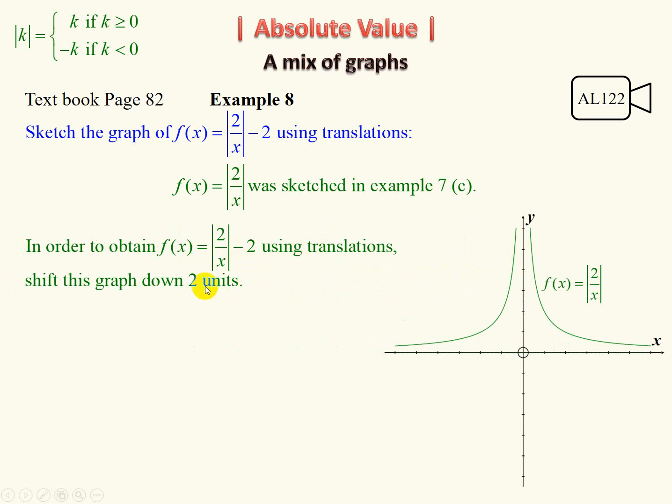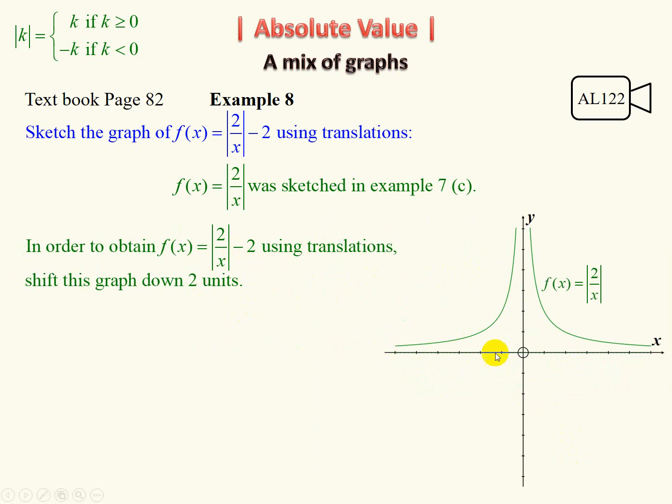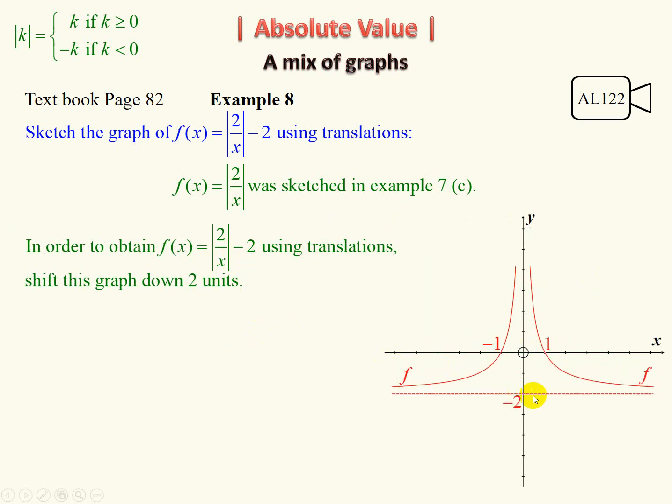So it's going to shift down 2 units. There we are. Instead of having the x-axis as the asymptote, it's going to have y equals negative 2 as the asymptote. It just so happens that it does go through negative 1 and 1, and labeled f this time. I guess strictly speaking, I should continue those up there.